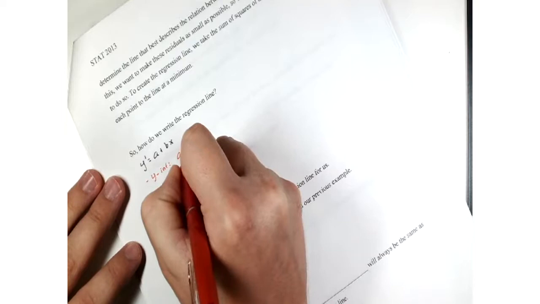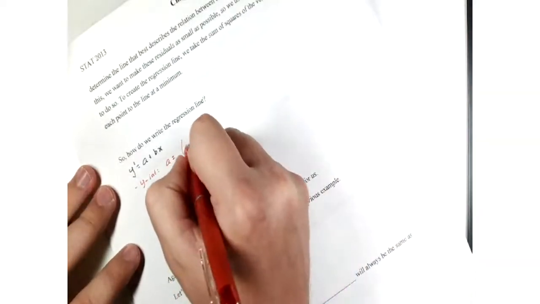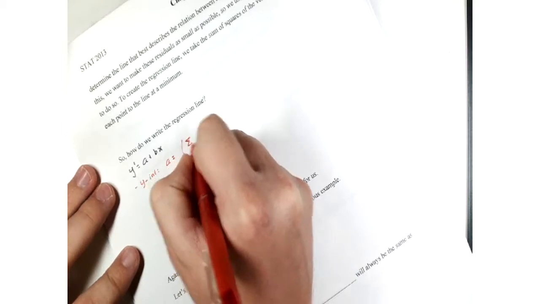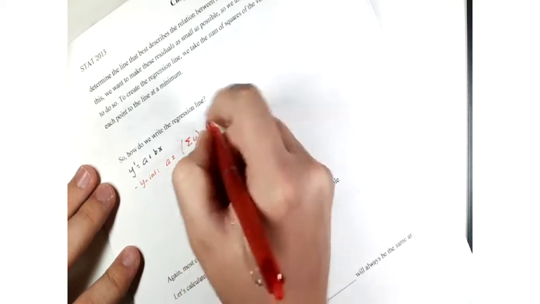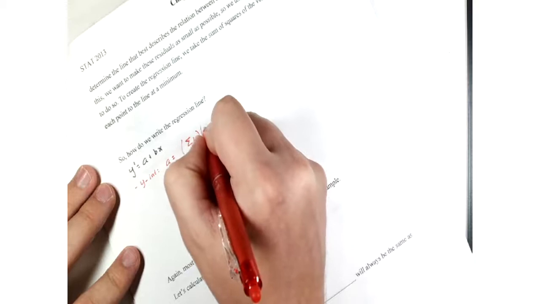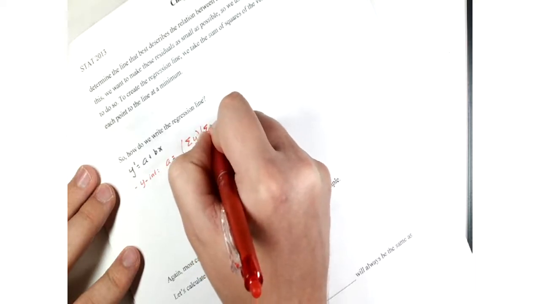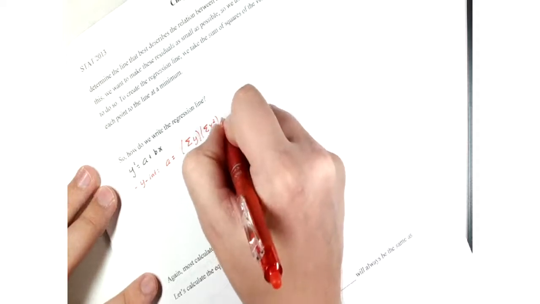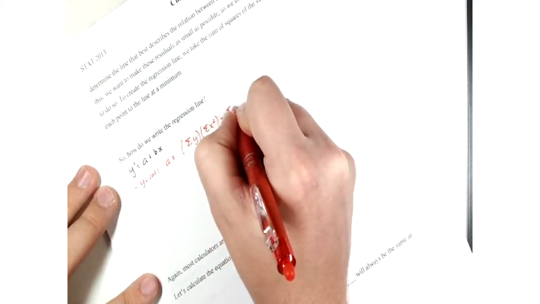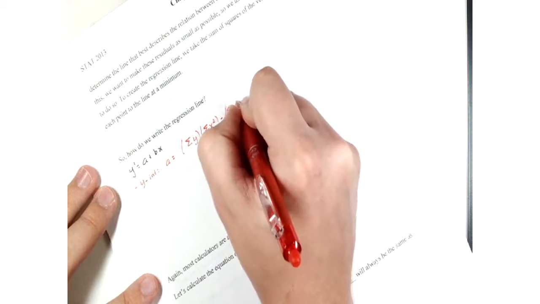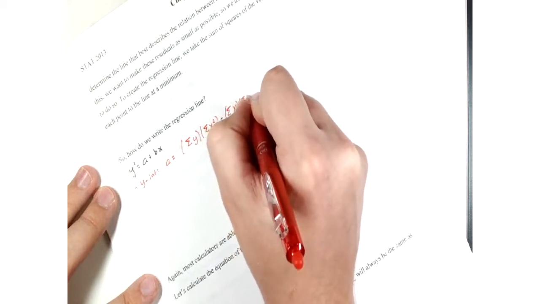And how do we calculate a? So there's a nasty formula. So we're going to take the sum of all the y values. We're going to take the sum of the x values squared. We're going to subtract off the sum of the x's times the sum of the y's.